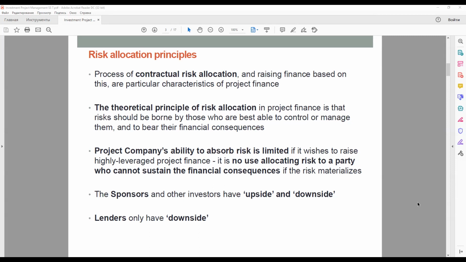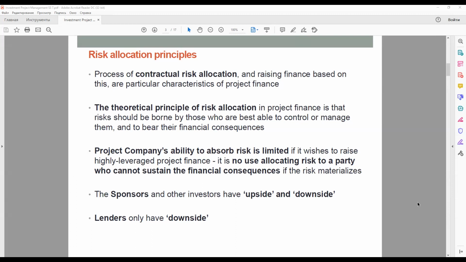So as the saying goes, a banker is a man who lends you his umbrella when it is not raining. And when it is raining, he's asking you to give the umbrella back and maybe an additional payment. Thus, the lenders are not investors in the projects, although sponsors may use this expression in the heat of negotiation.